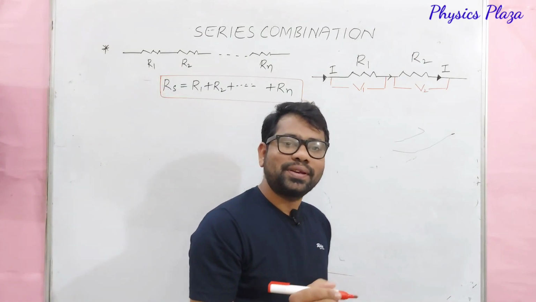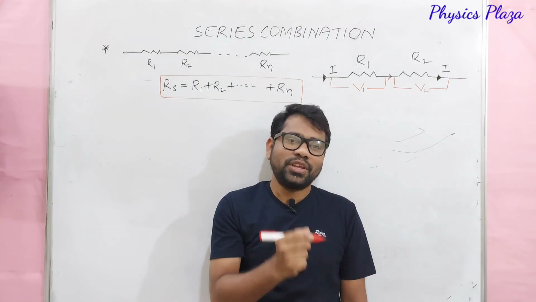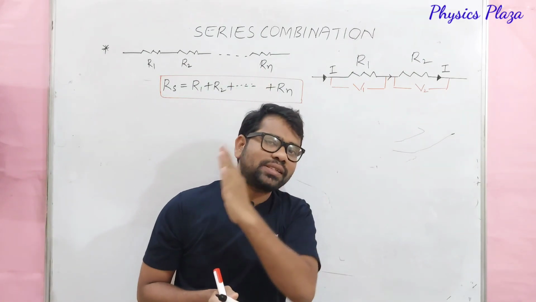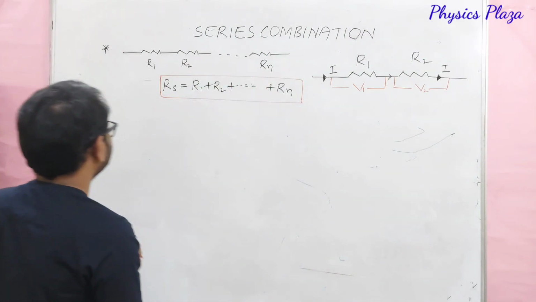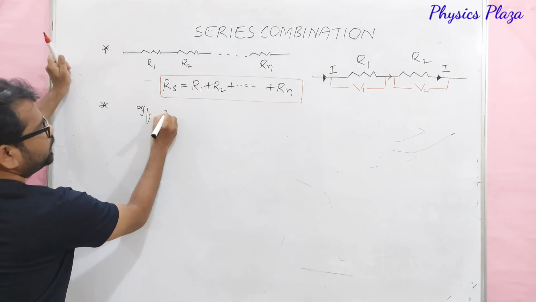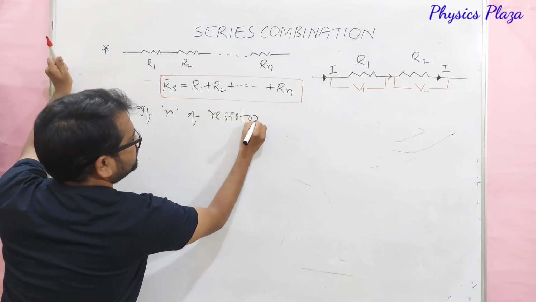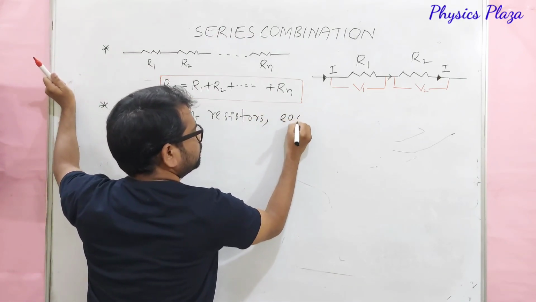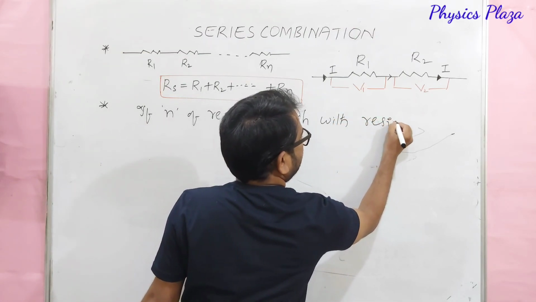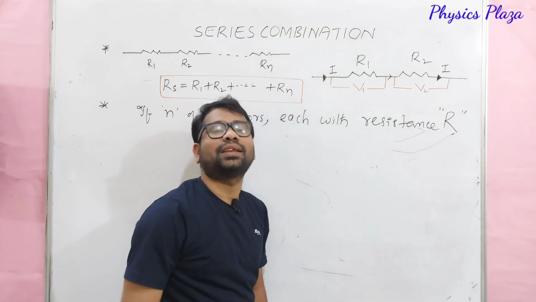But dear children, what happens if n number of resistors, each of the same resistance, are given, that is, in the place of R1, R2, Rn, each resistor has a resistance of R only? Let us see here. What happens, dear children, if n number of resistors, each with resistance R, are connected in series?